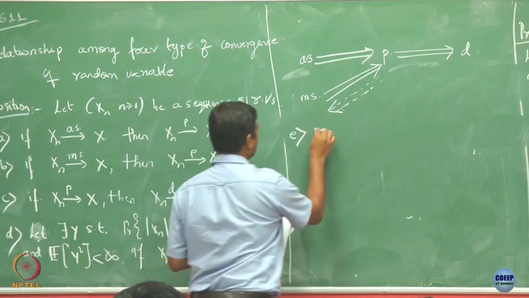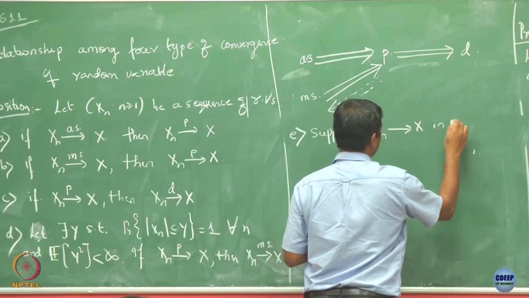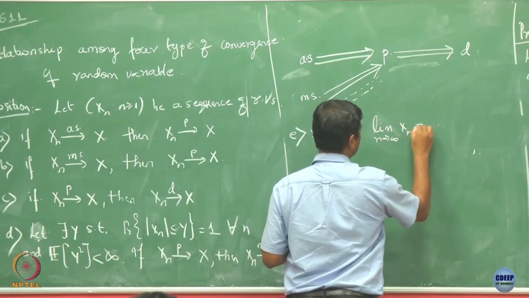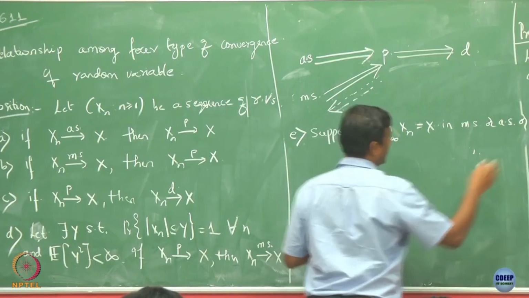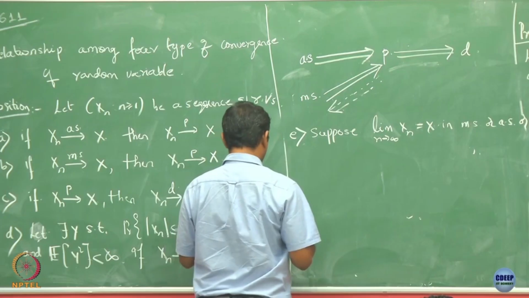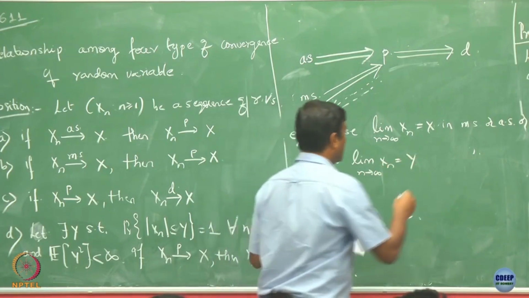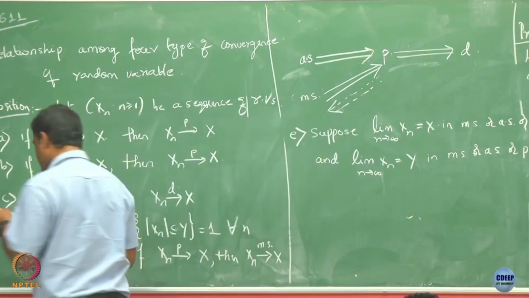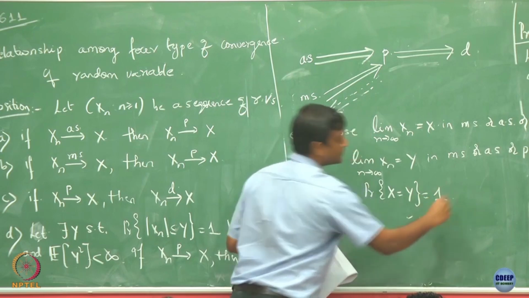It says that suppose Xn converges to X in mean square, almost surely, or in P, and I have the limit of Xn equals Y again in mean square, almost sure, or in P sense, then it must be the case that the probability that X equals Y is equal to 1.